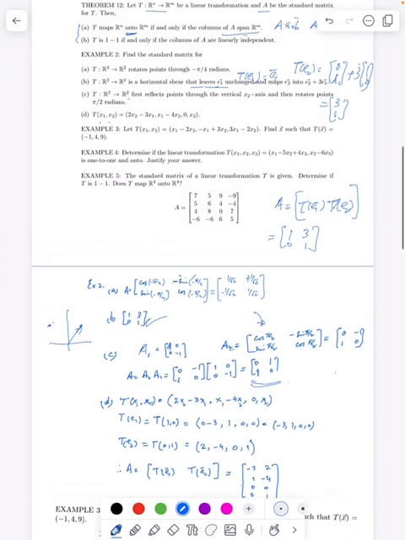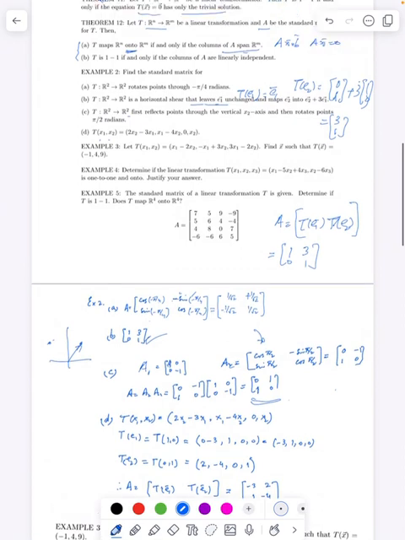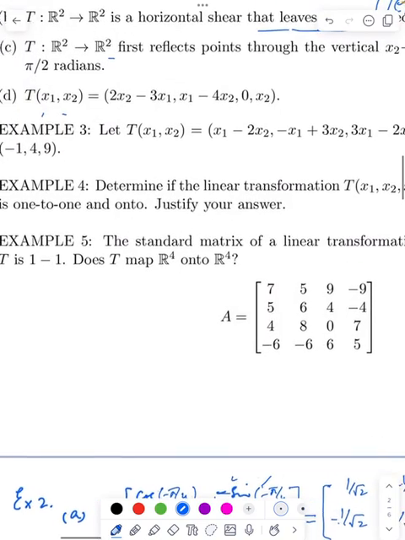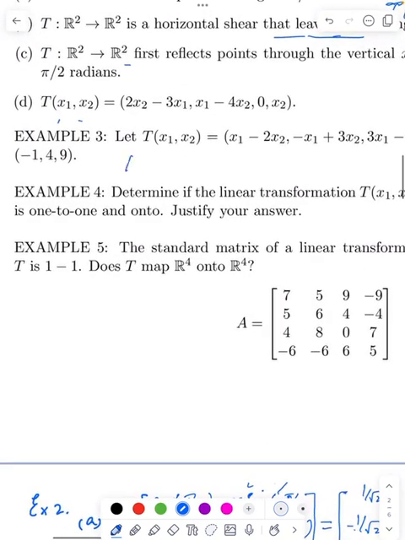In the D part, notice here we are getting a 3 component vector. So we are going in R3. So T starts from R2. So T is a mapping from R2 to R3, unlike the previous one.